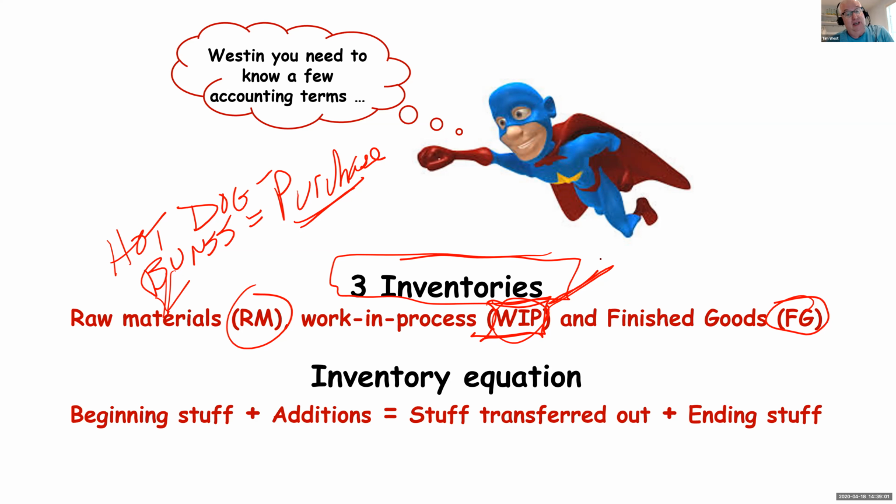At the end of the day, hopefully, Weston doesn't have any either. There really shouldn't be any hot dogs still in process. So probably there's no beginning and no ending work in process inventory for a street vendor of hot dogs. So that's one thing you kind of need to focus on.